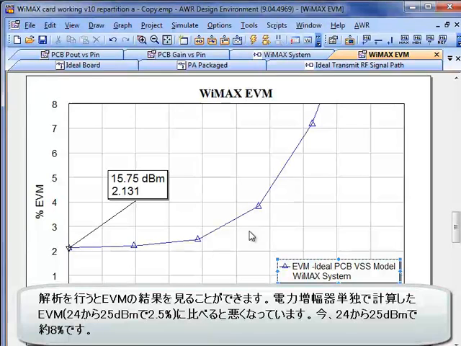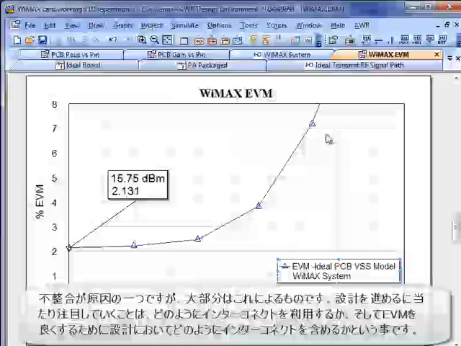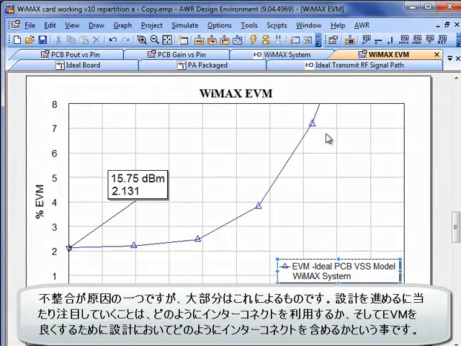The PA alone was giving us roughly 24 to 25 dBm P out at 2.5% EVM, and you can see that we don't even get to 24, 25 dBm out at 8% EVM, so we've degraded the system quite a bit. A portion of this is due to the mismatch, but the vast majority of this is due to the mismatch.